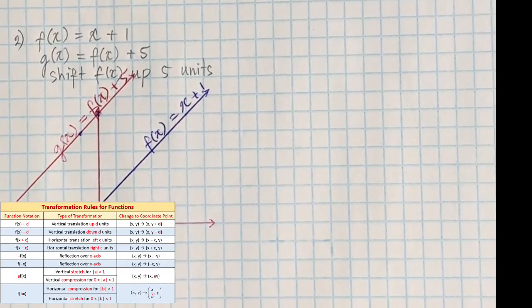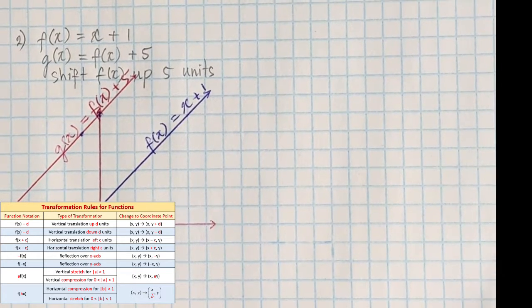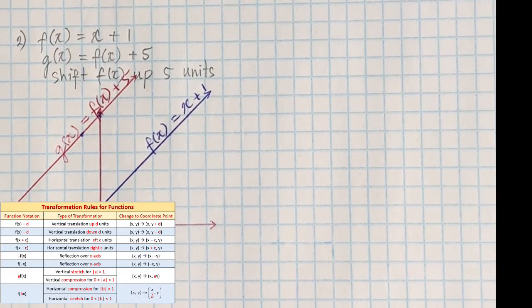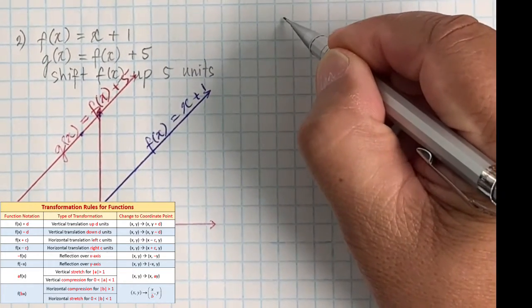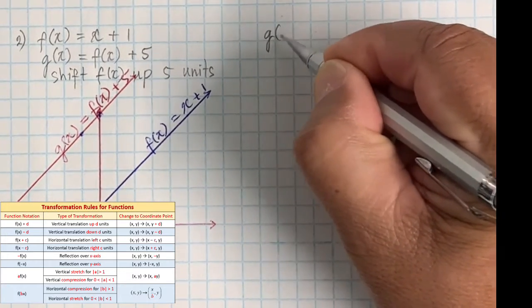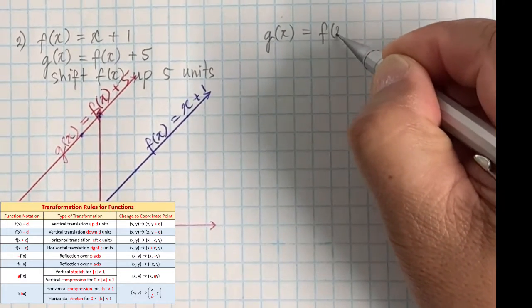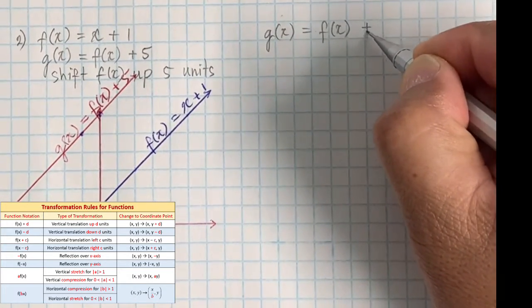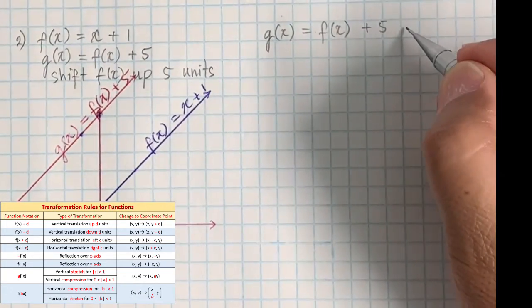Now again, if we forget the chart, right? So here we can do this. We're going to rewrite g of x equal to f of x plus 5. You see, like that.